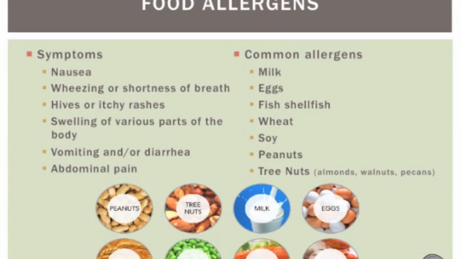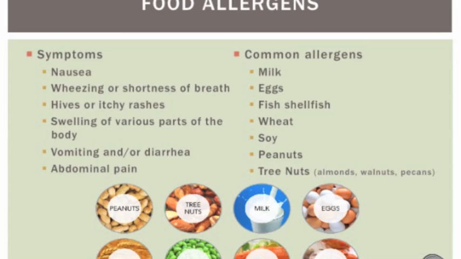Some take time to develop, but for an employee to be aware of the symptoms and the different types of foods that can cause allergic reactions is important to be aware of.